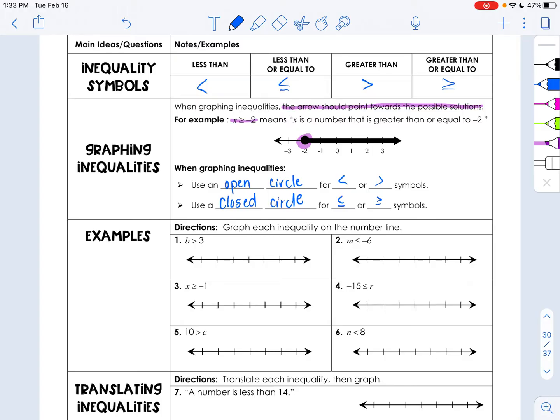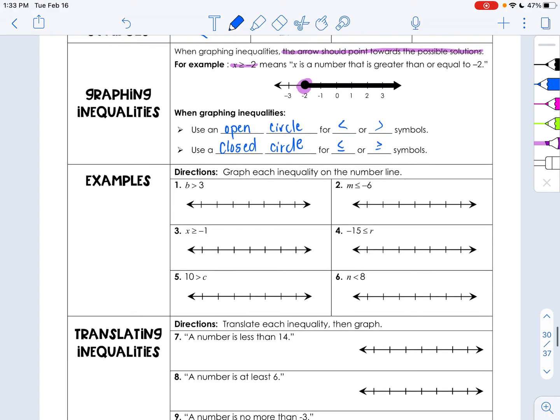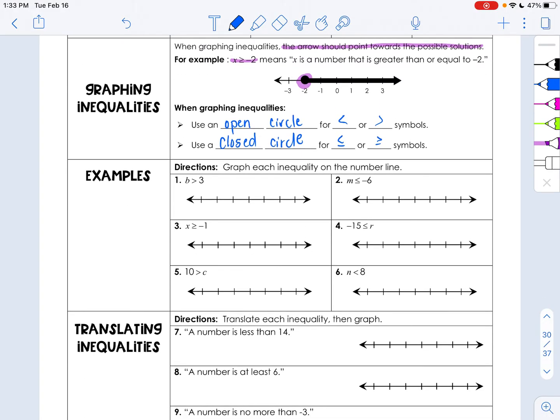Let's look at some examples of graphing to see what this might look like. Number 1, b is greater than 3. So first, we need a number line that includes 3. So we're going to place 3 in the middle of our number line and then fill in some of the surrounding numbers.